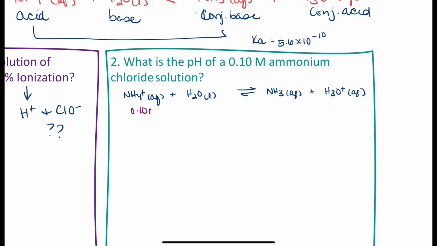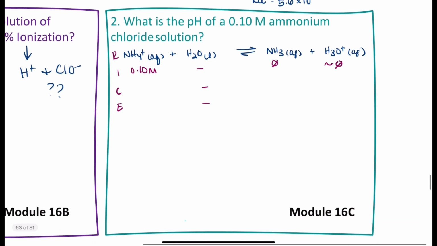I'm told I have a 0.10 molar solution here. Water doesn't factor into it because it's a solvent. I don't have any of this to start, and I have approximately no hydronium to start. Again, approximately because we are assuming that the contribution from water is negligible compared to the amount coming from the ammonium chloride. Minus x, plus x, plus x, 0.10 minus x, and x.